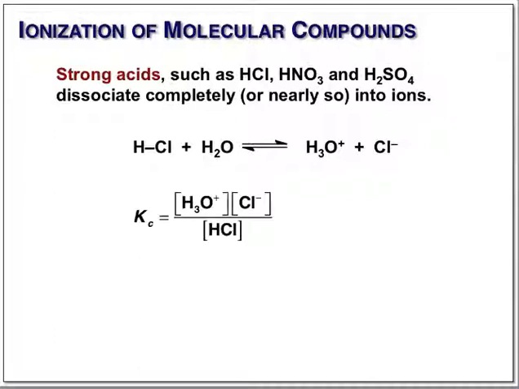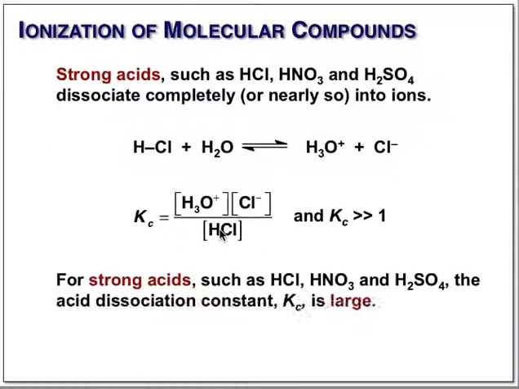Now, if we write an expression for the equilibrium constant for this, again, we're going to ignore the water, and we're just going to have hydronium, chloride, and HCl. If we have essentially complete ionization, hydronium and chloride will be large, and HCl will be very, very small.